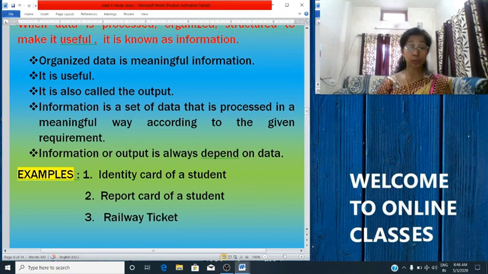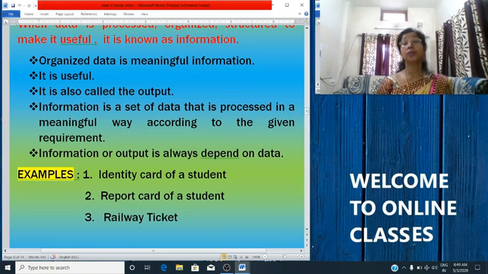Then the computer processes it and we get the output, that is the ID card. So your identity card is the output and the information we fed into the computer, like name, roll numbers, photo, phone numbers, etc. are the data.